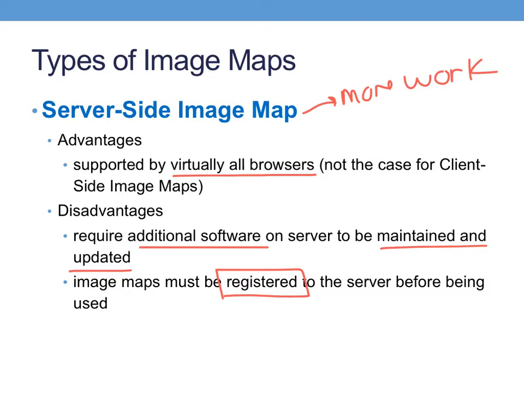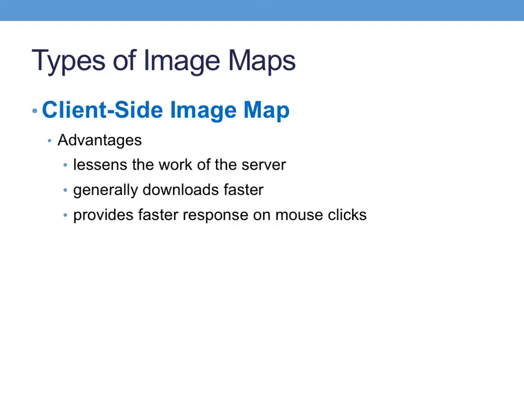On the flip side, a client-side image map, especially in our case, really just lessens the work of the server. Generally, these client-side image maps download faster because it doesn't have to send information to the server. It really can just go straight into the HTML code, look where it's supposed to go, and link right away.